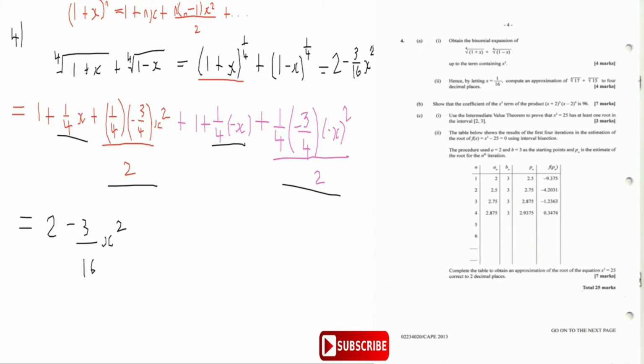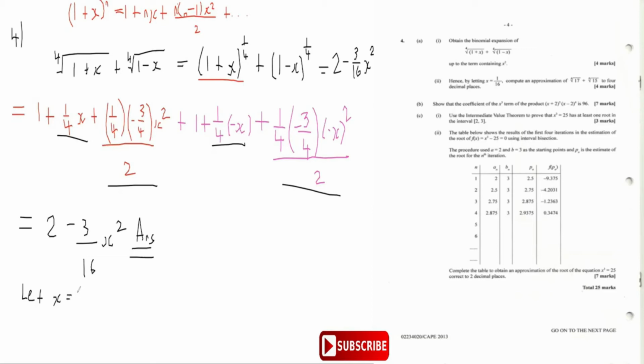Nice. Now it says, by letting x equal 1 over 16, find out the value of the square root of 17 plus the square root of 15. All right, so we want to put x as 1 over 16. Let x be equal to 1 over 16.